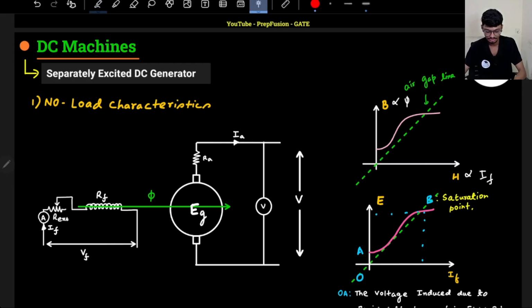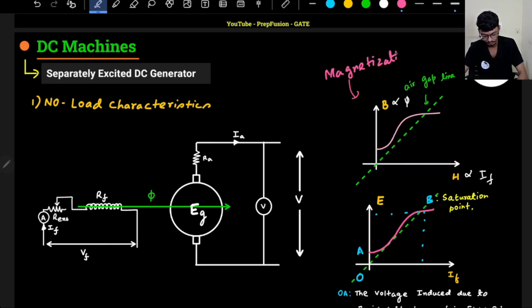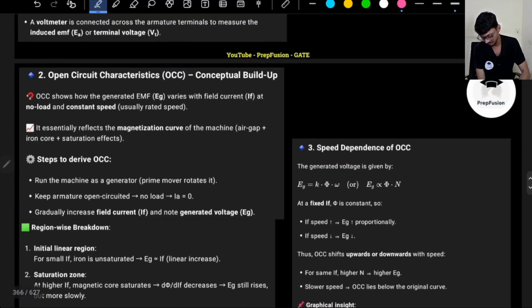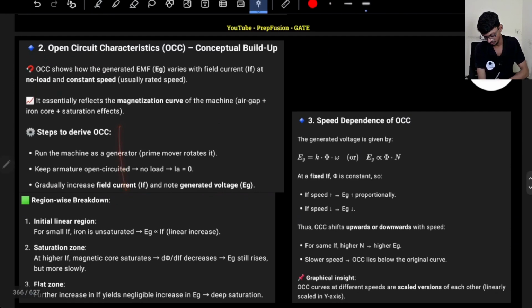That's why it is just a reflection of the magnetization curve, and why this curve is also known as the magnetization curve.